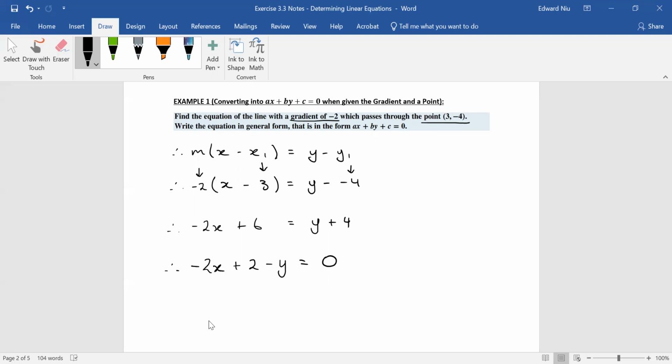What you notice is it's always the x term first, the y term in the middle, and then the constant term last. So we have -2x take 1y plus 2, and this is going to be our equation in the general form ax plus by plus c.